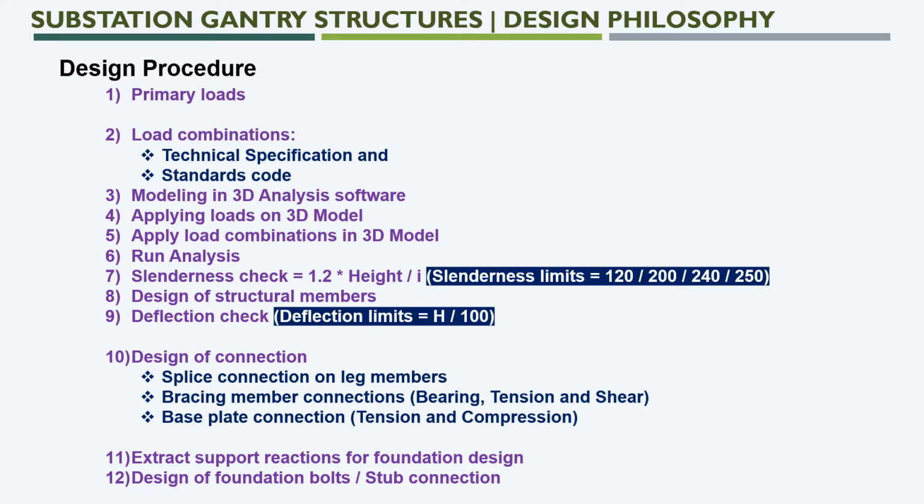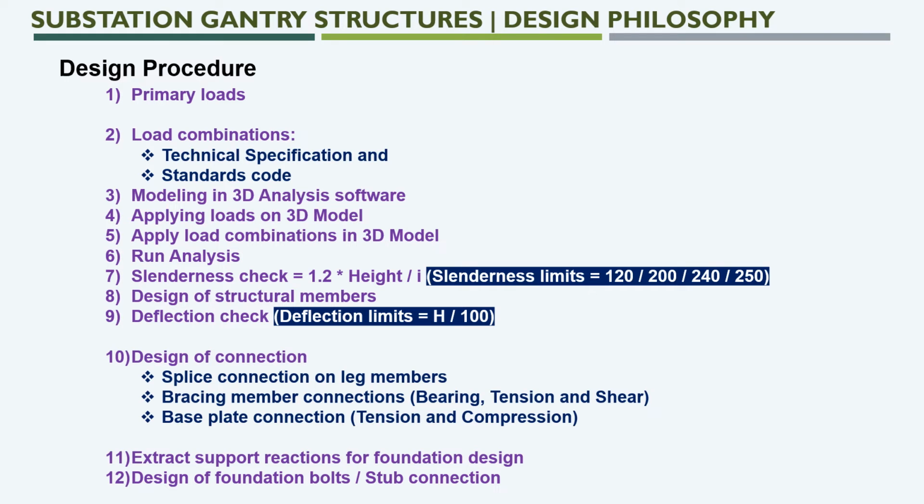Primary load is the dead load, calculation of dead load, conductor tension, wind loads in XY direction or diagonal wind, seismic if it is applicable or required for the project as per technical specification, snow, temperature loads, ice loads, and any other loads. These are the primary loads we need to calculate.